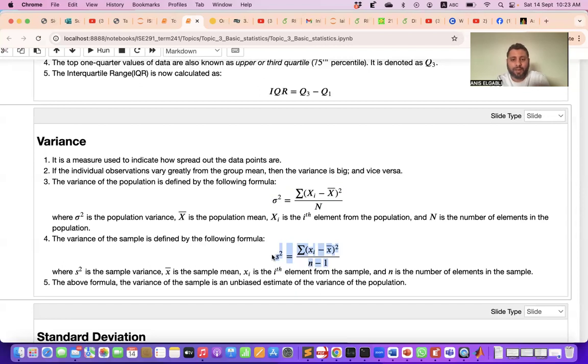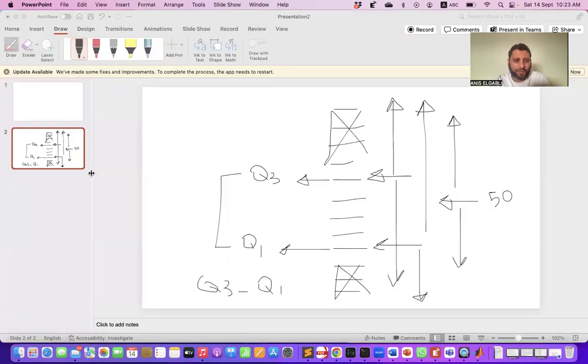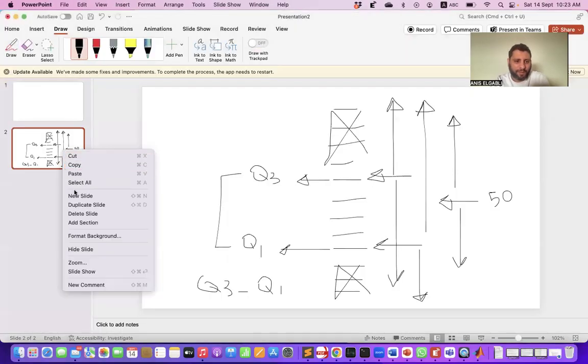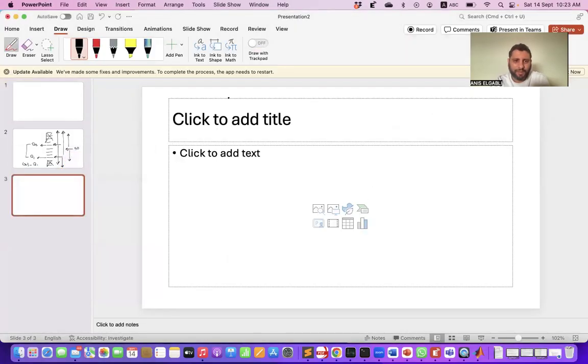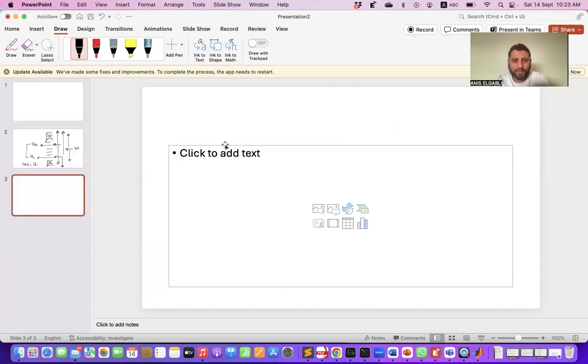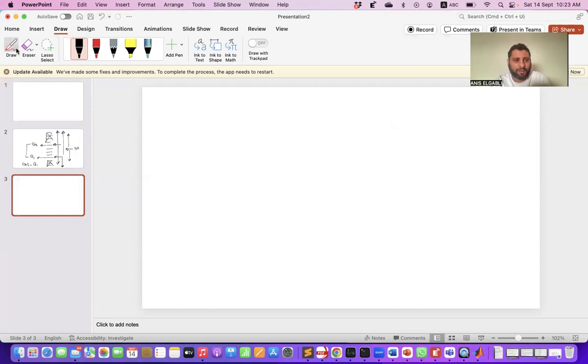So maybe let me do this. You remember when we talked about the mean? Let's assume we have a random distribution with mean mu. You remember when we computed x bar, let me start from here.